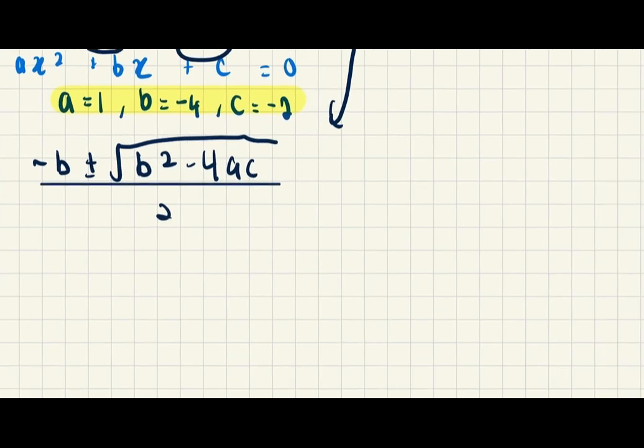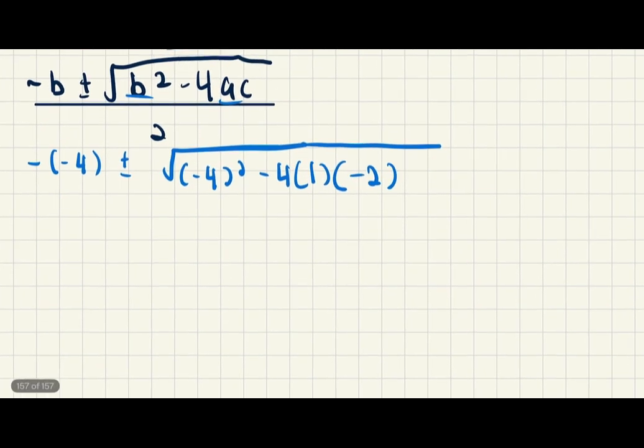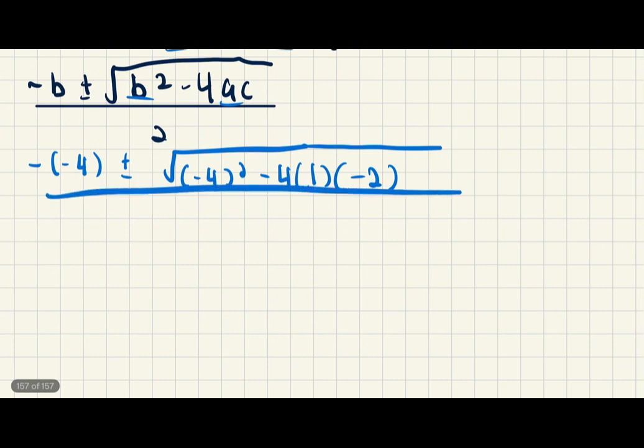Negative b, our b is negative 4, so negative 4 plus minus the square root of b squared, which is negative 4 squared, minus 4 times a, our a is 1, times c, our c is negative 2. So this is our formula over, just simply write here 2.